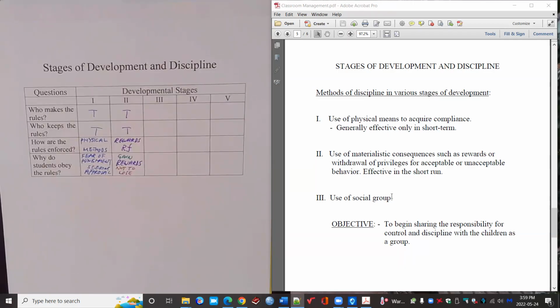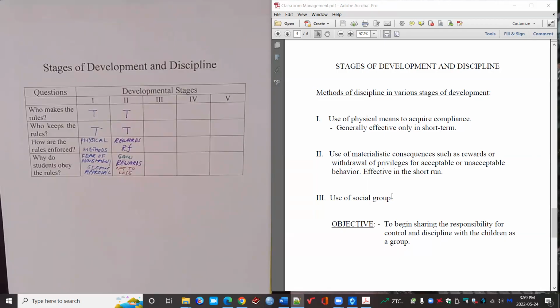It is highly effective for significant time periods as long as the individual remains in the group. And sometimes even in a small cooperative group, remember cooperative learning, the pressure to conform is there.